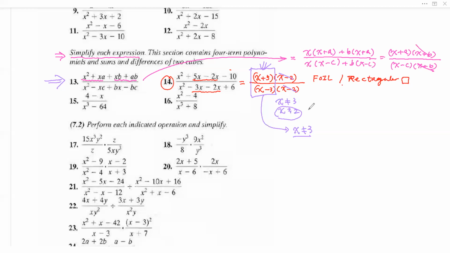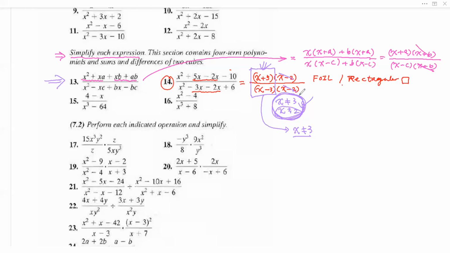So be careful about this. When they simplify, we also make sure these two are included, because when x equals 2, in this case it is fine, but in the original rational expression, x minus 2 becomes 0. Anything times 0, you cannot consider 0 as the factor, right?